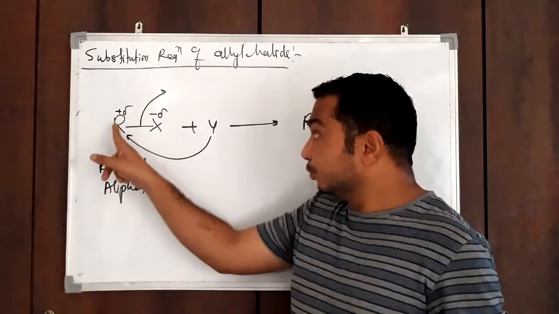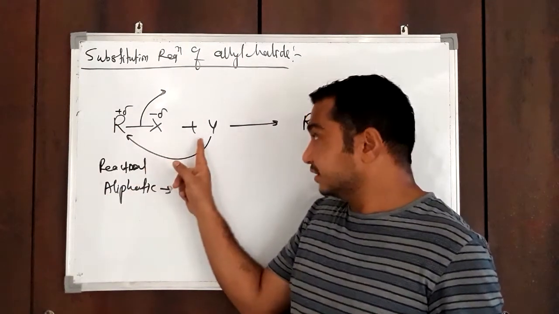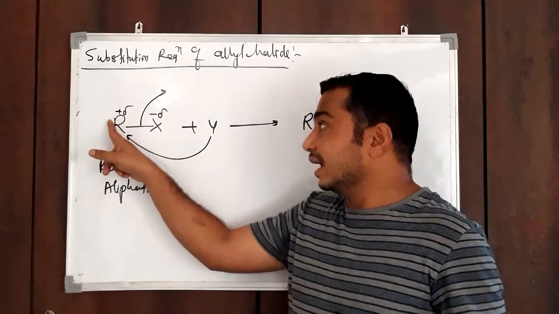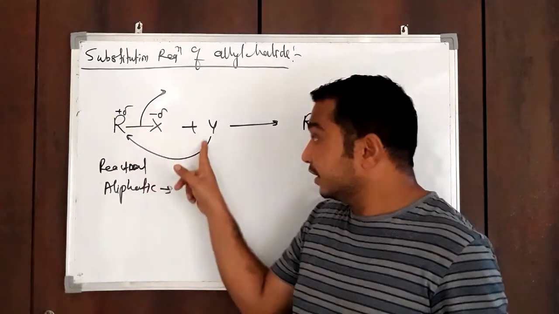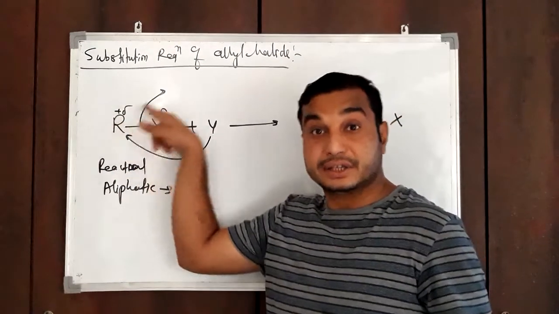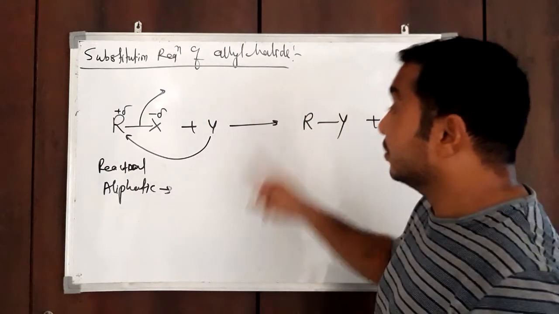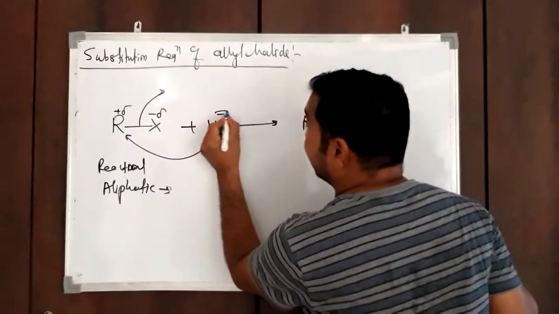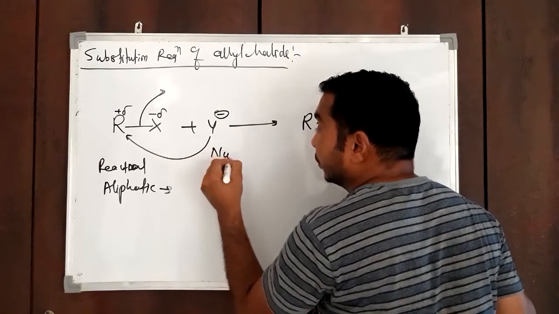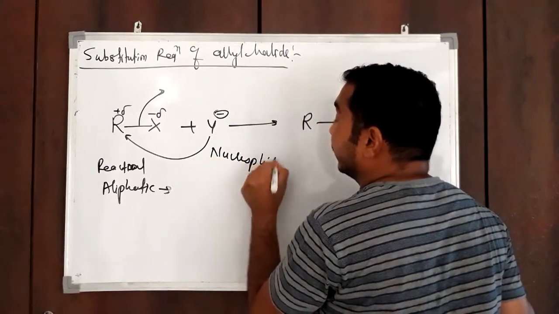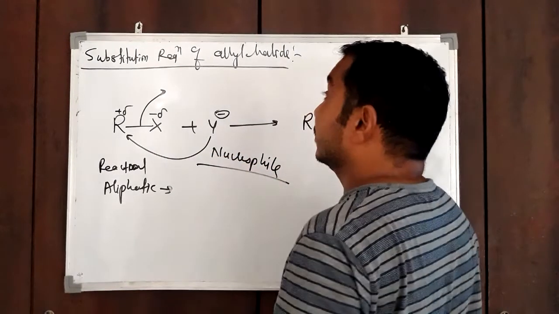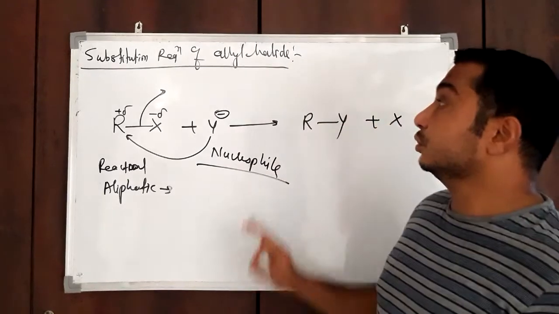So Y is attacking R and replacing X, attacking a species containing partial positive charge. So Y must be negative. Negative means nucleophile.